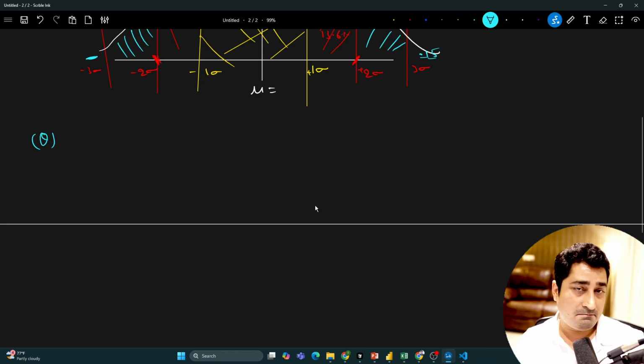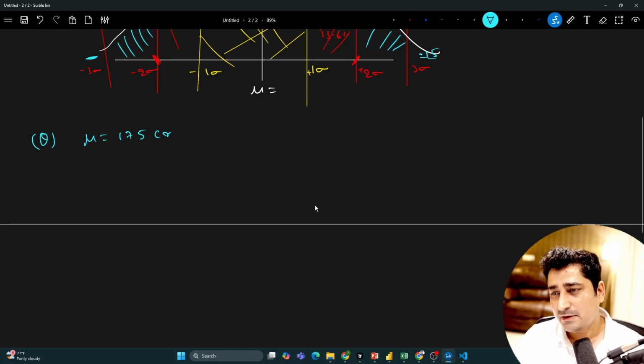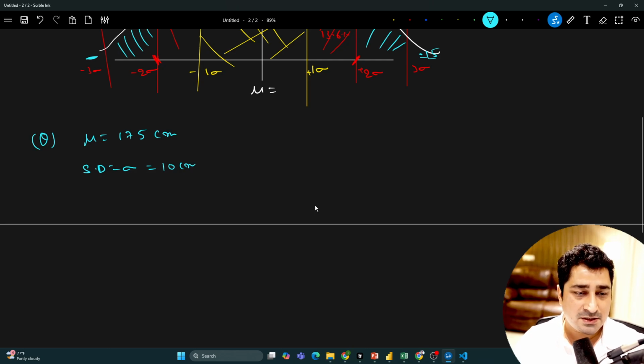I have taken the height of maybe hundreds of men, and it shows me a normal distribution, a bell curve, by the way. The average height is 175 centimeters, for example, and the standard deviation is technically 10 centimeters.